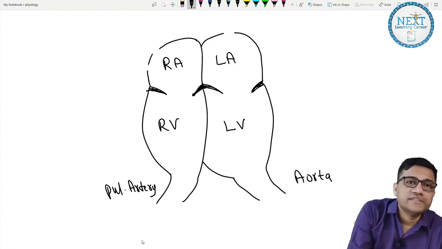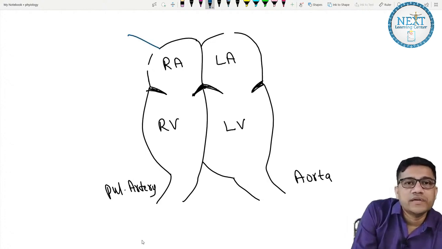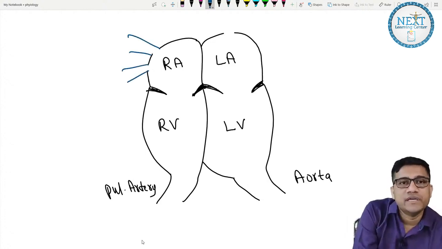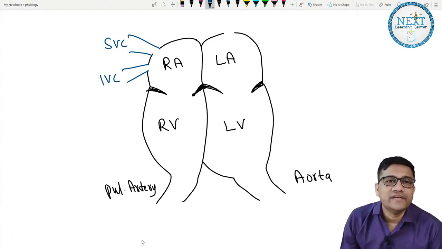First, understand: what are these blue things I am drawing? They are basically the superior vena cava and inferior vena cava.